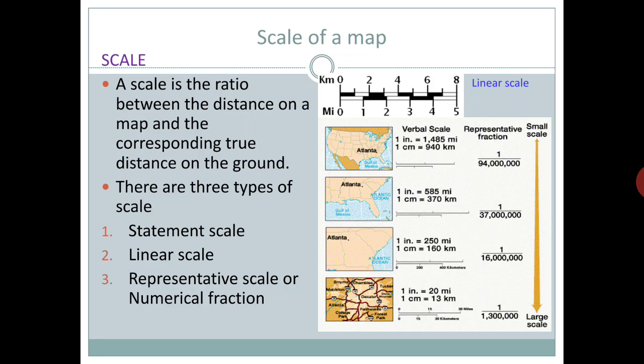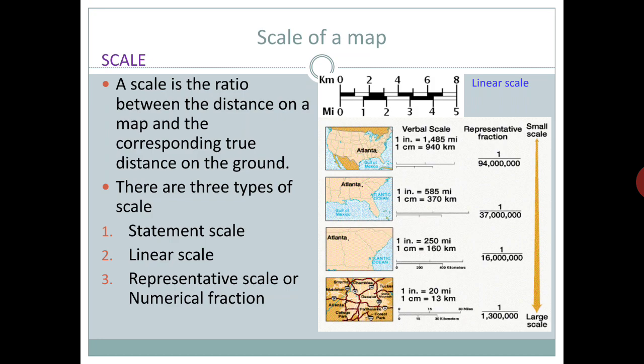Suppose 1 inch, you can see the map here, 1 inch is equal to 1 centimeter is equal to 940 kilometers. Then if the distance between two places is measured as 1 centimeter, we can be sure that the distance between the two places is 940 kilometers. That is the statement scale.